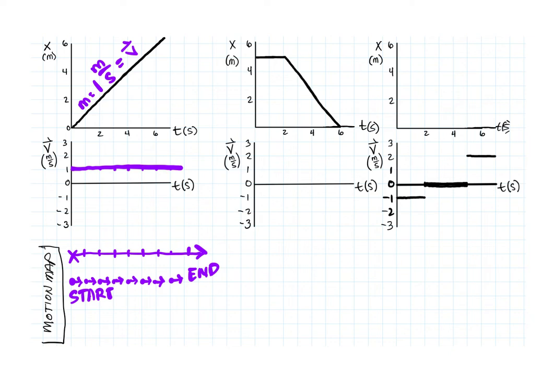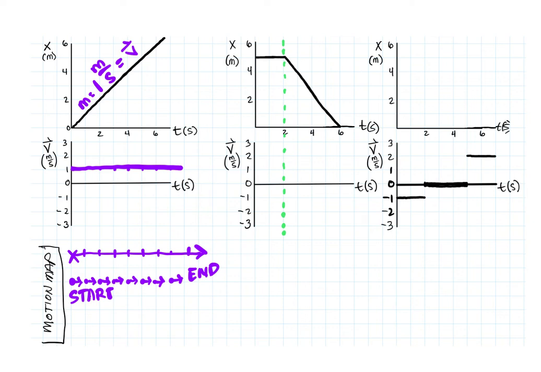Now, sometimes you will discover that you have sort of like a graph with sections. Like this one, there's a couple of different things happening in the graph and everything changes at 2 seconds. And so what you would need to do is just take each segment by itself and do exactly what we just did.